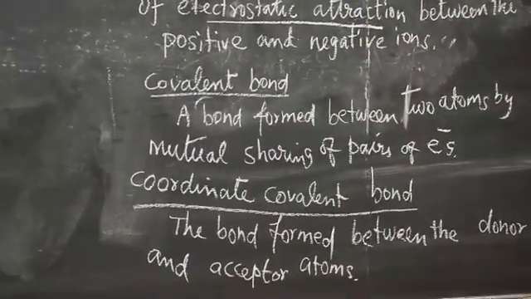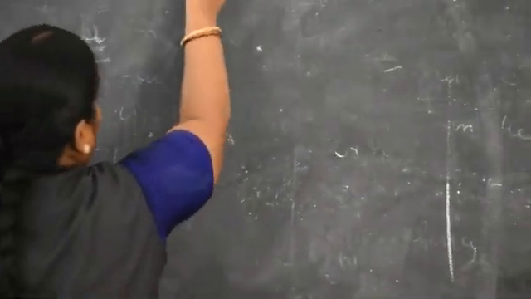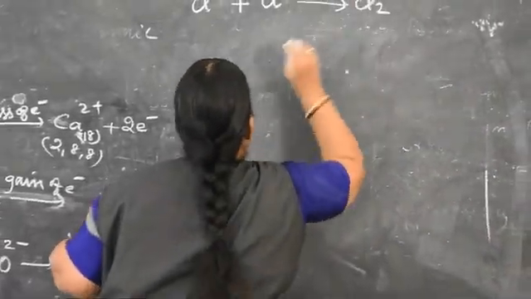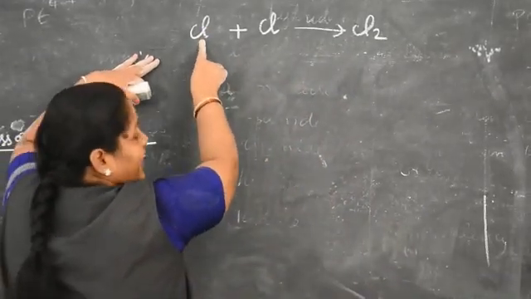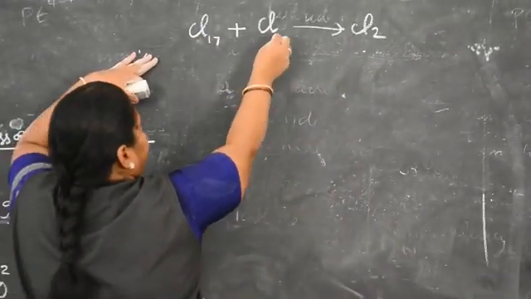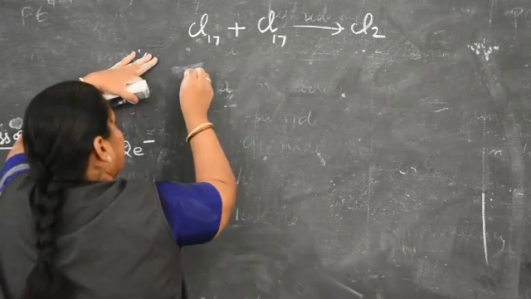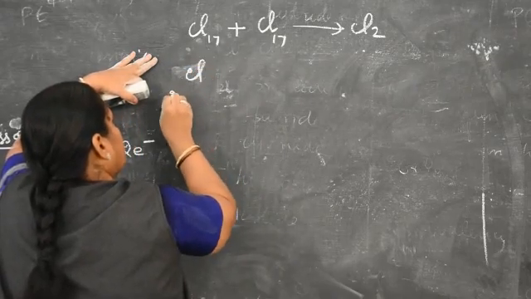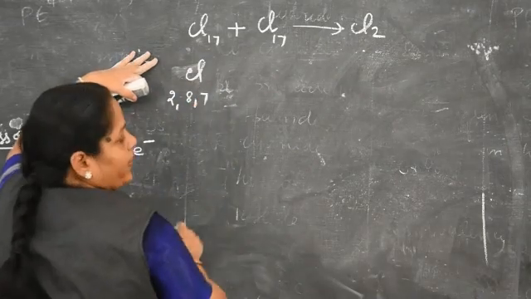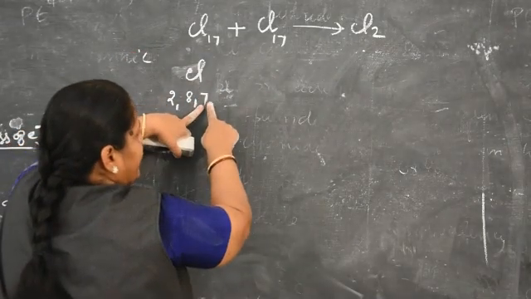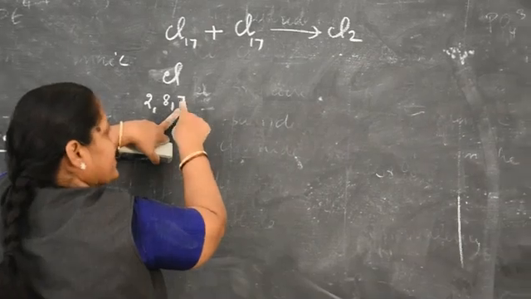Listen, a chlorine atom combines with another chlorine atom, and they form a chlorine molecule. Here the chlorine atom has atomic number 17, so 2, 8, 7. The outermost shell contains 7 electrons.